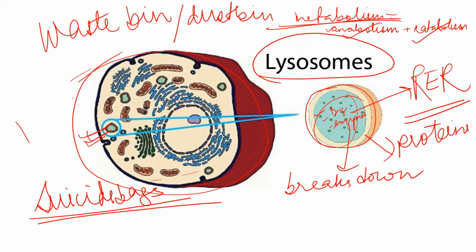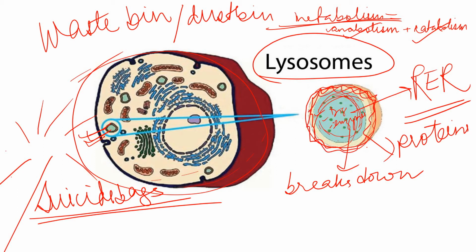Now I cannot show you the explosion. These lysosomes burst, and as they burst, the strong digestive enzymes that are present here just eat up their own cell. This thing just finishes off, and for that purpose, these lysosomes are called the suicide bags.